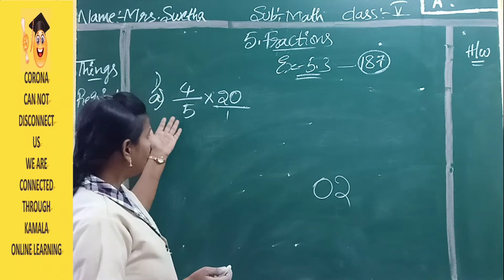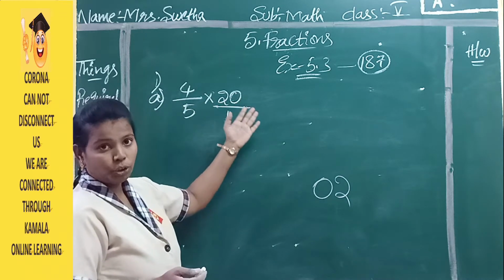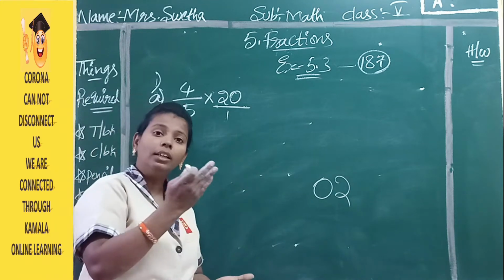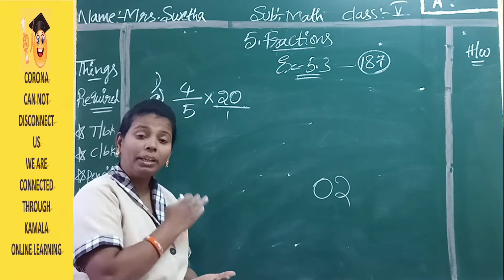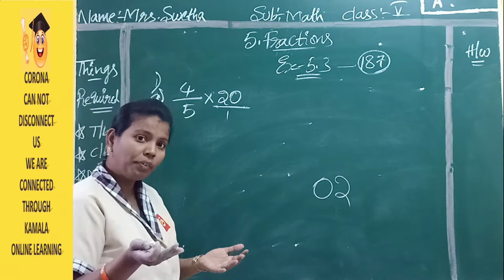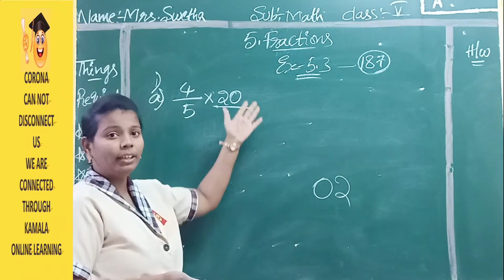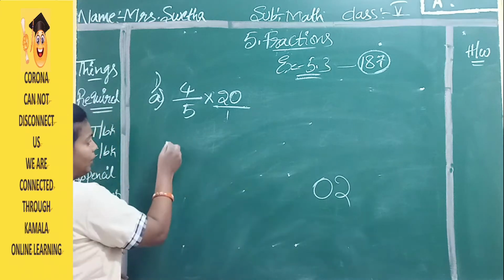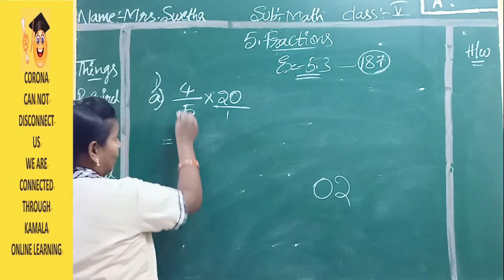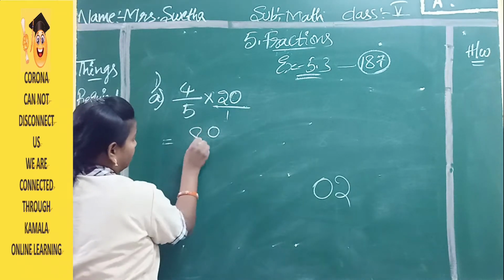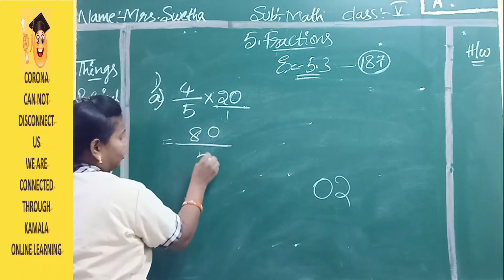Okay, so 4 by 5 you have to multiply with 20. Here you can first cancel 4 by 5 and 20, making it into the simplest form and then write the fraction, or you can first multiply and then write the fraction. Whichever way you want, you can do. So first we will multiply: 4 20s are 80, that is 4 zeros are 0, 4 2s are 8. 80 by 5 ones are 5.